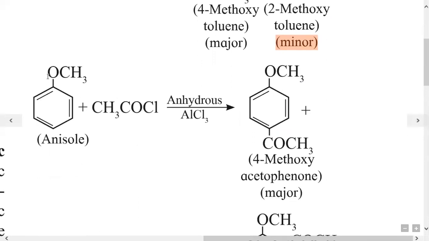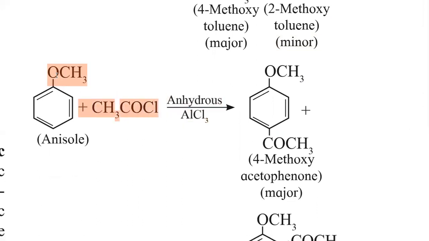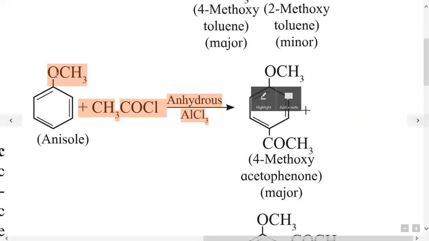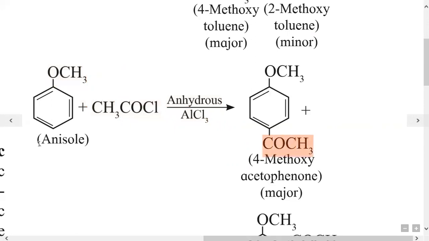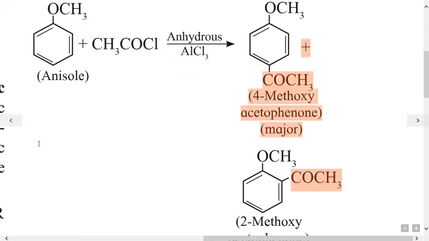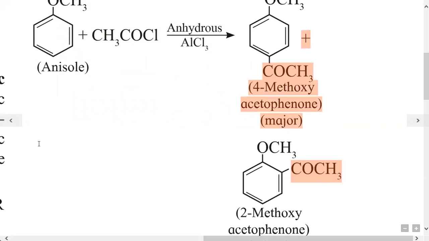Then next, anisole reacts with acetyl chloride, CH3COCl. This is Friedel-Crafts acylation reaction. Again it takes place in the presence of the Lewis acid anhydrous AlCl3 as a catalyst and gives substitution of the acetyl group at the para position and substitution of the acetyl group at the ortho position.